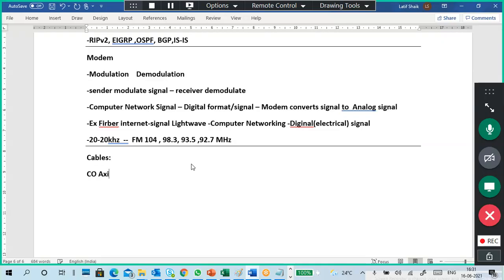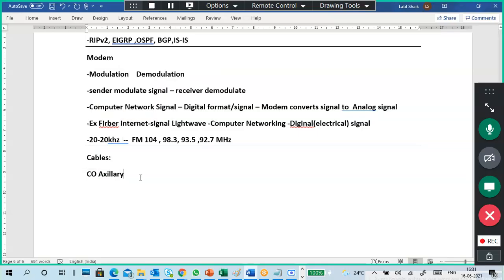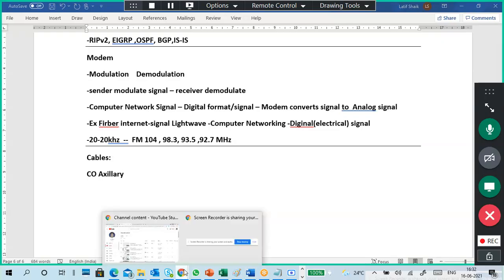Coaxial cable. Okay, so coaxial cable. How are coaxial cables?